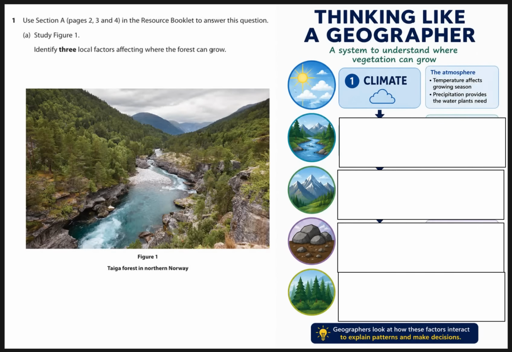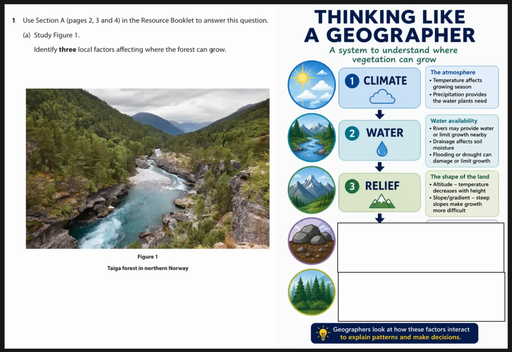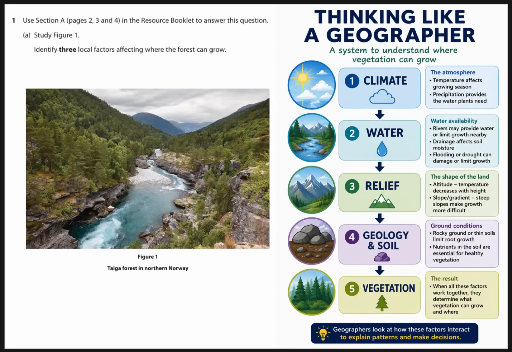The impacts that affect where forests can grow: climate, and then we can go a little bit lower. Water availability, relief, geology, and resulting in different types of vegetation. Really just trying to think in that systematic way will help you answer questions like this. Physical geography questions, factors on where vegetation grows or where agriculture might be: climate, water, relief, geology.